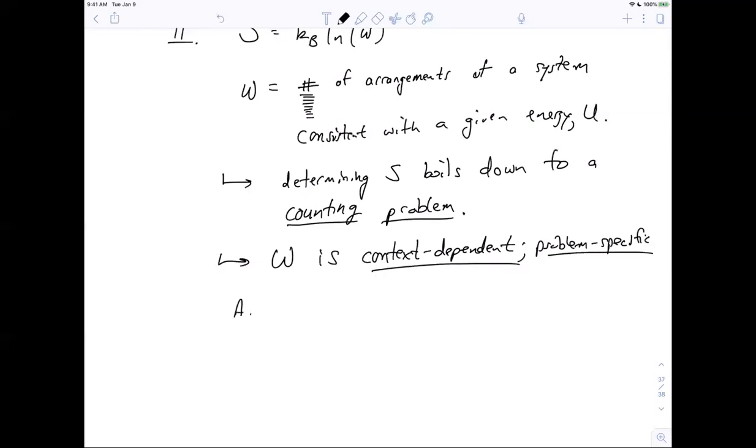Okay, and we saw we could get W as n factorial over (n minus m) factorial for a lattice model, a very simple lattice model for the ideal gas.